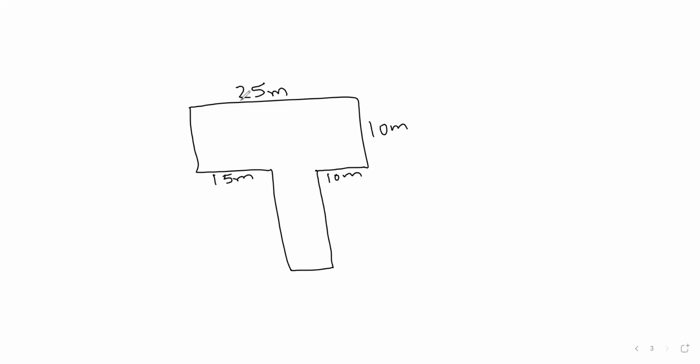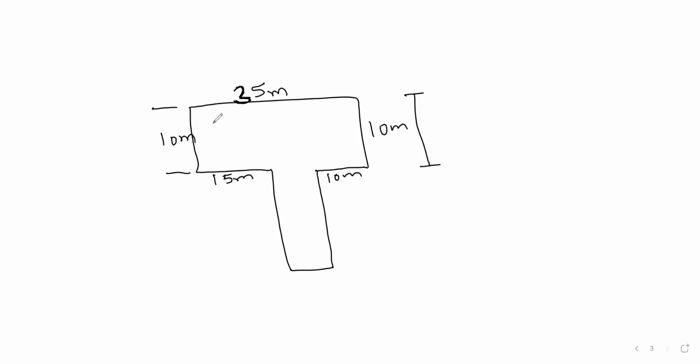Sorry, one minute, let it be 35. And they have told you to find the perimeter. So how will you find it? You know the value of this, and the value of this is also 10 meter.